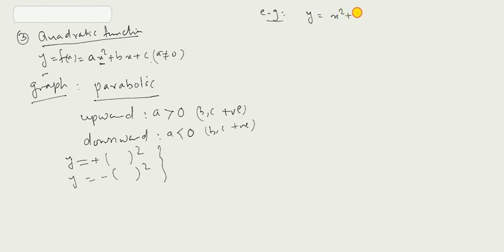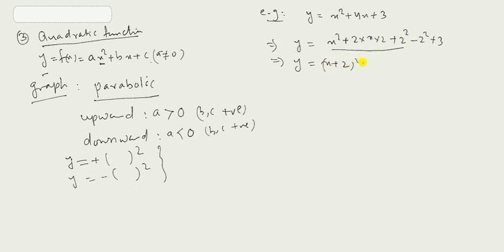For example, if I take y equals to x square plus 4x plus 3, suppose, then you convert the right hand side into a complete square. Write like this: 2 into x into 2, then plus 2 square I need, then minus 2 square plus 3. Then I'll have y equals to x plus 2 whole square, then minus 4 plus 3, which is minus 1.